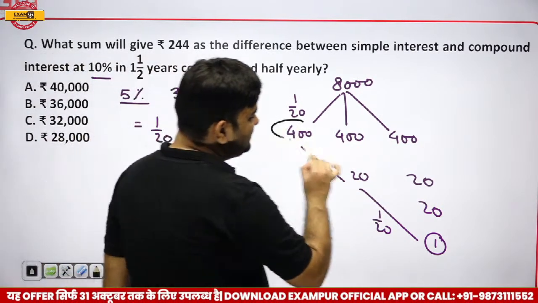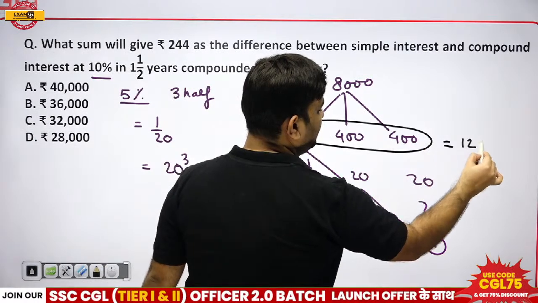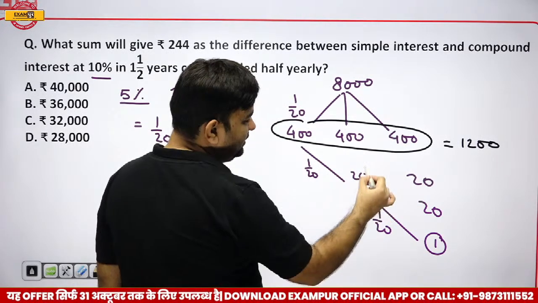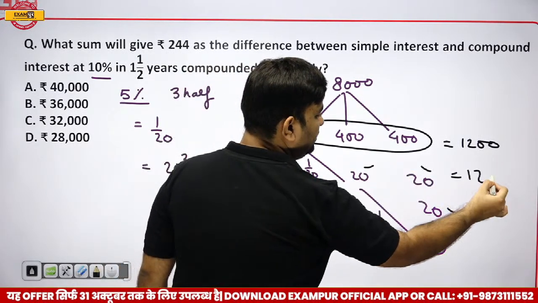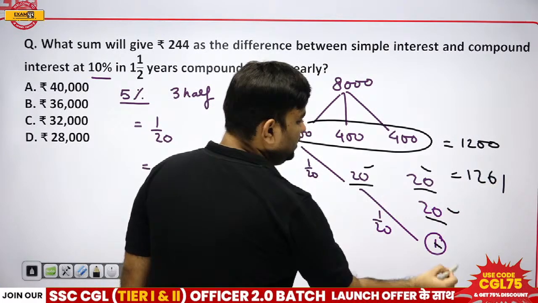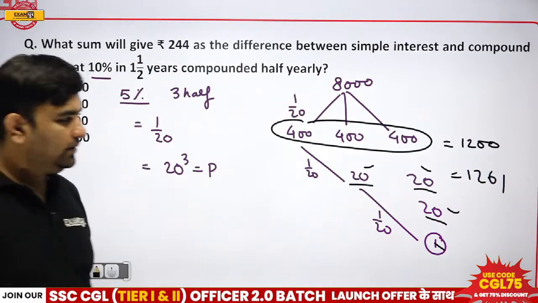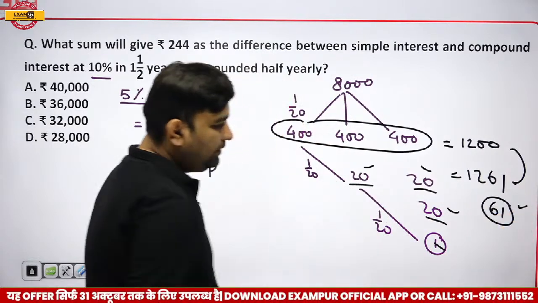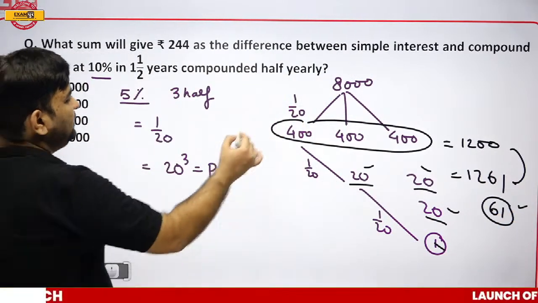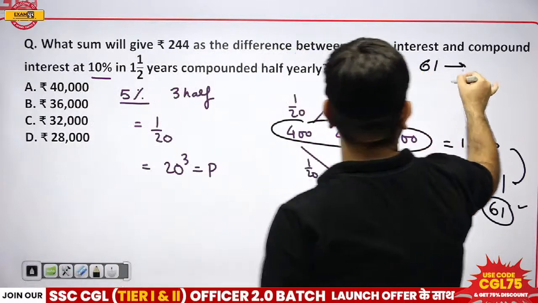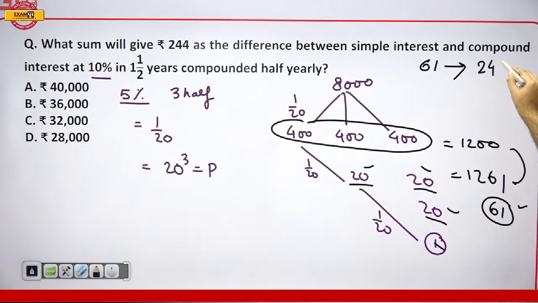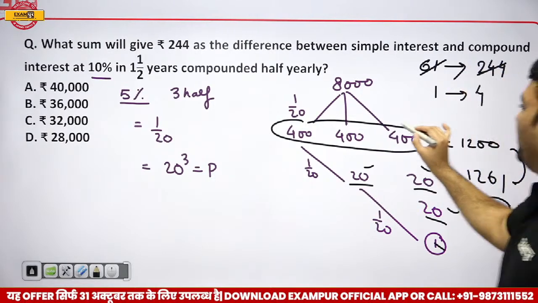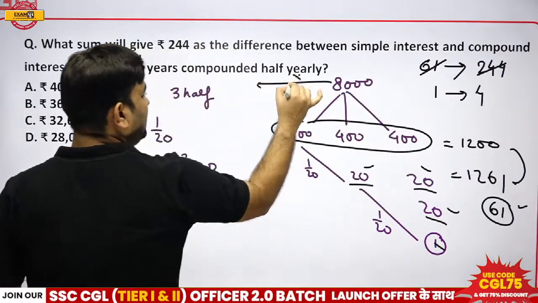So what is the total simple interest? 1200. What is the total compound interest? 1200 plus 61. So the difference between SI and CI is 61. 61 is given as 244. So 1 is equal to 4. So principal 8,000 is 8,000 into 4.